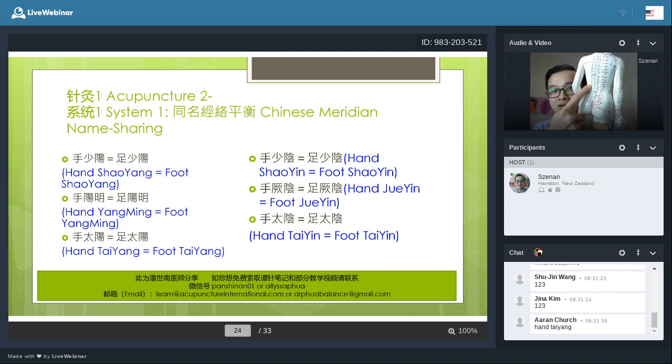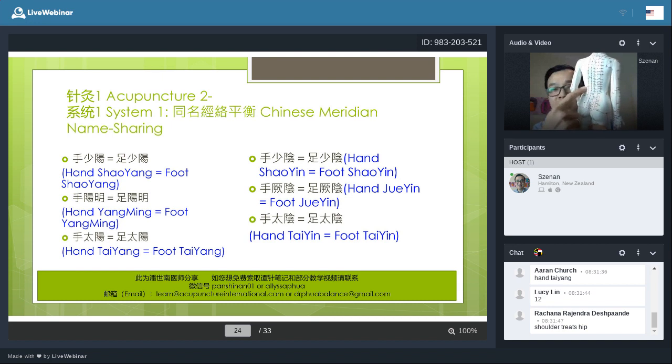Great. Aaron, I know this is hand tai yang is 2, right? So this is the lower back. I don't need your 3. I just need 1 and 2. 1, your diagnosis, bladder meridian. What about 2? Can you show me 2 on system 1?